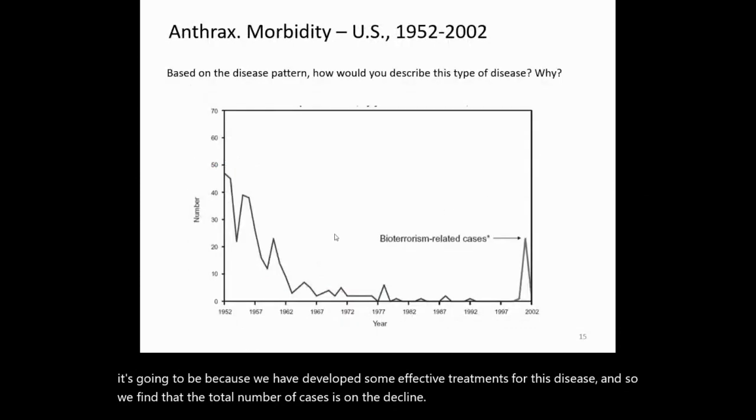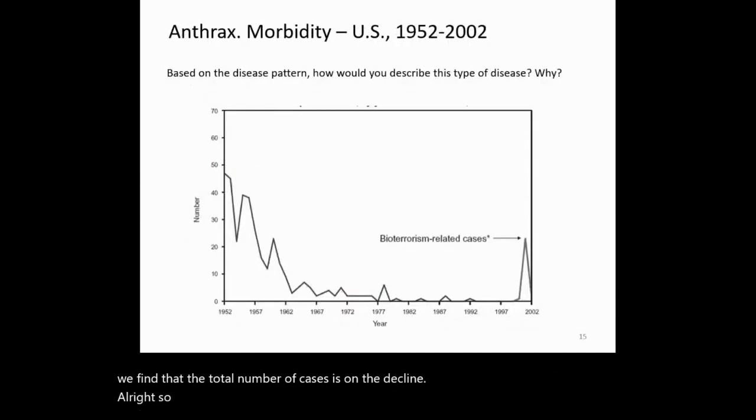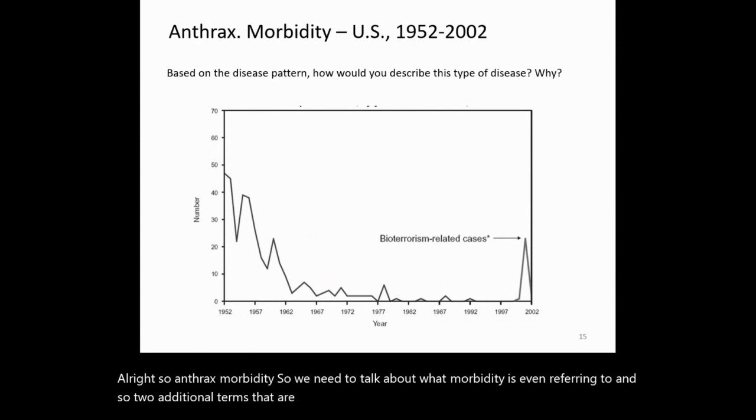All right, so anthrax, morbidity. So we need to talk about what morbidity is even referring to. Two additional terms that are important in the realm of epidemiology are morbidity and mortality.